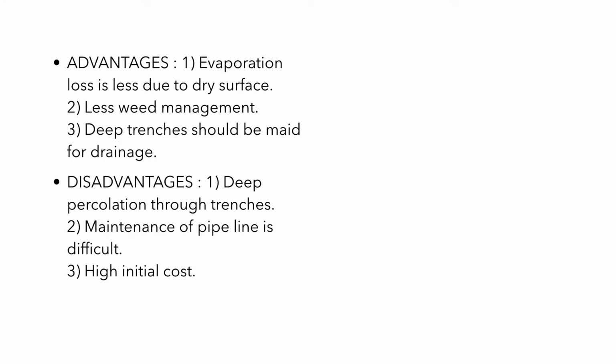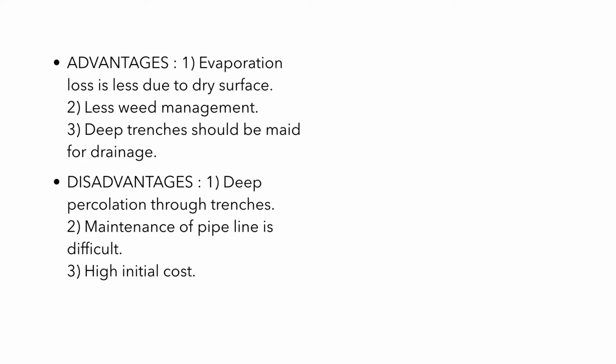Less weed management: weeds also need water to germinate, and if water is not provided directly through surface irrigation, how will weeds come out? Thus in this system we have to take less care of weeds as compared to surface irrigation method.